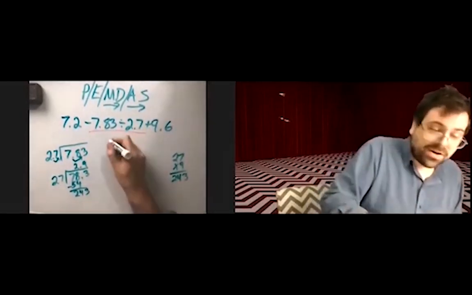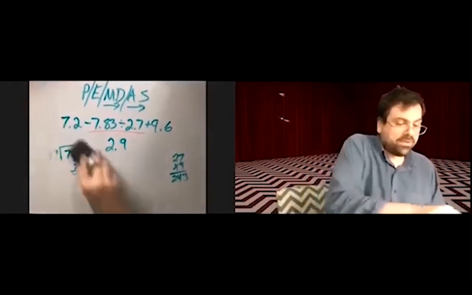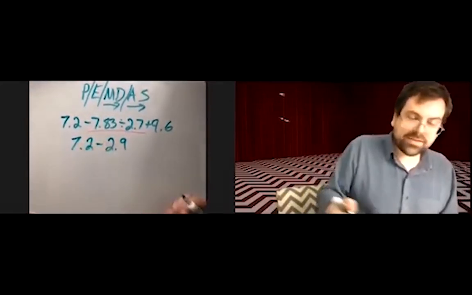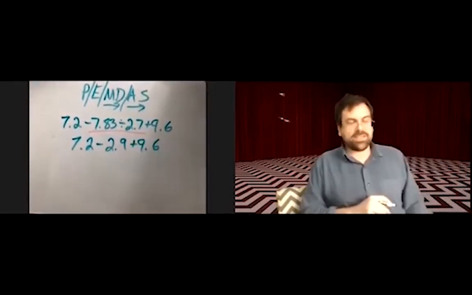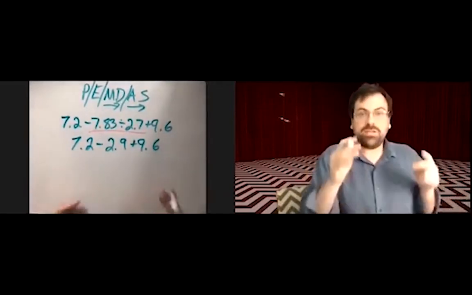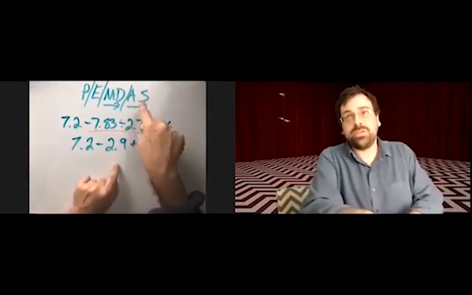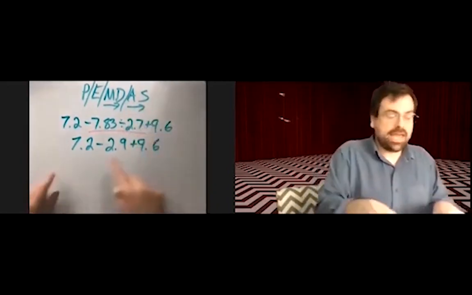That's not the whole answer, though. All of that was just to get the 2.9 right here. Around the 2.9, we still have 7.2 minus 2.9, and then plus 9.6. No more multiplication or division, so addition and subtraction from left to right as we come to it, not addition, then subtraction. That will give you the wrong answer. It does not mean addition first, then subtraction. It means addition and subtraction left to right as we come to it.